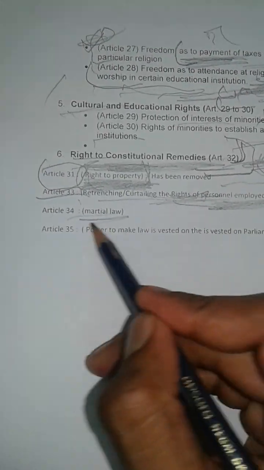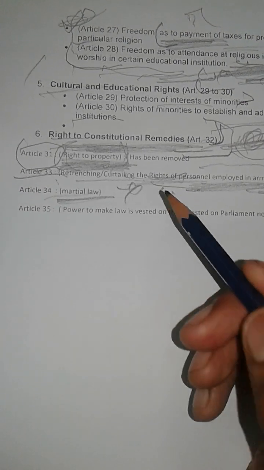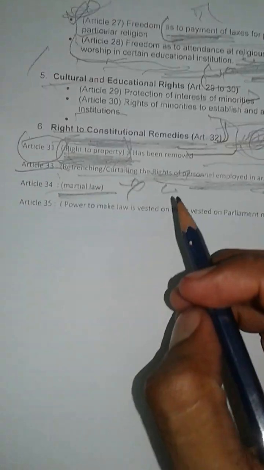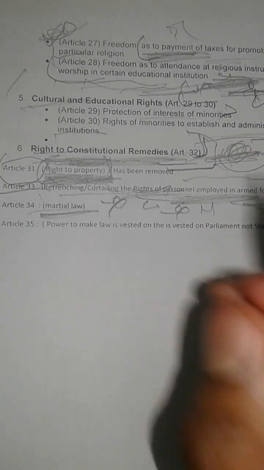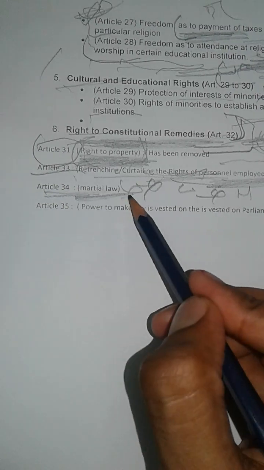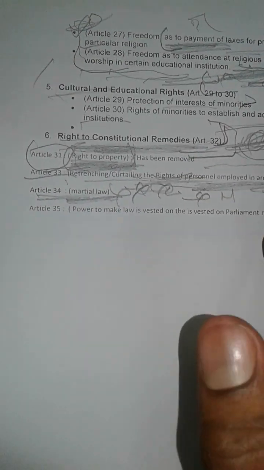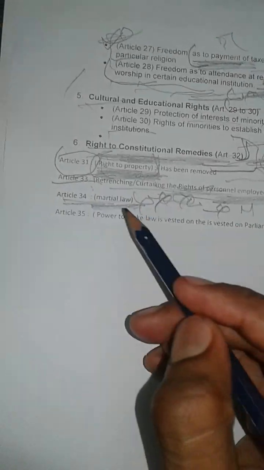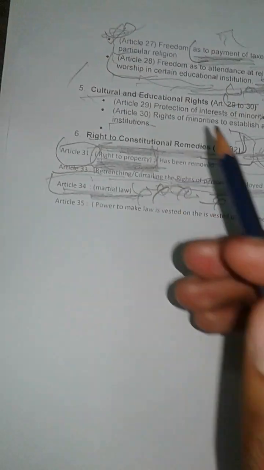Then martial law can be imposed, and under martial law the civil administration becomes less effective or not effective at all, and the military is given charge of the state. This is Article 34, which defines when martial law can be imposed. This is different from the emergency situation mentioned in a different part of the constitution. I'm not going into that, but for basic understanding, martial law is different from emergency.